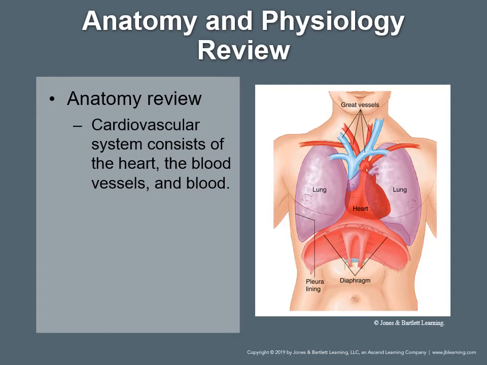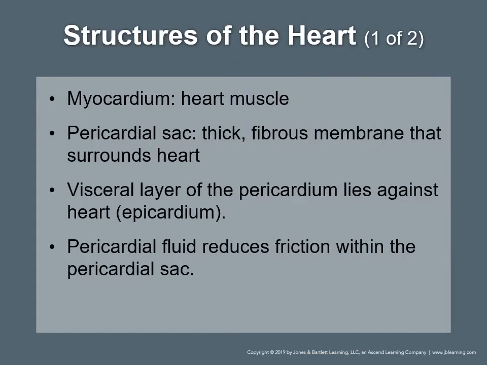All right. Anatomy and physiology review. This is the anatomy review. Cardiovascular system consists of the heart, blood vessels, and blood. The structures of the heart. The heart is the muscular, cone-shaped organ whose function is to pump blood throughout the body.